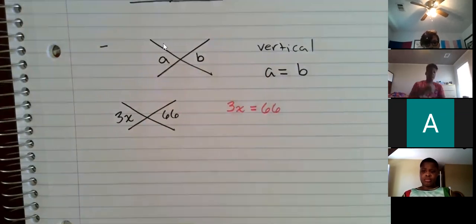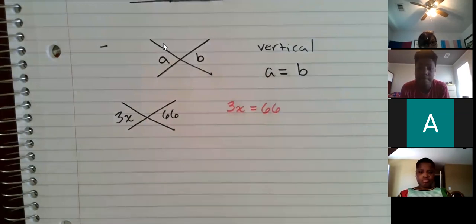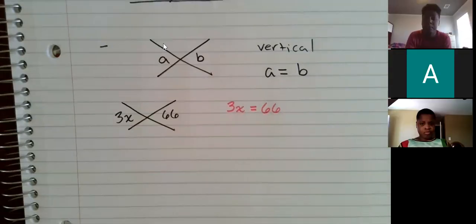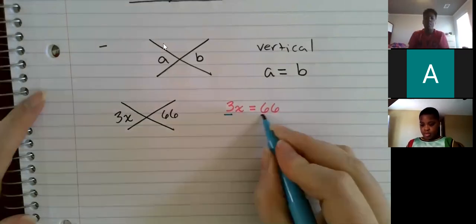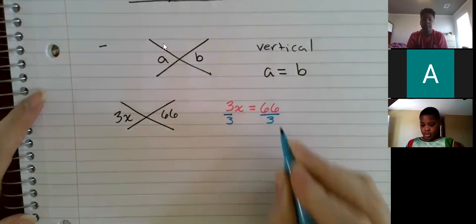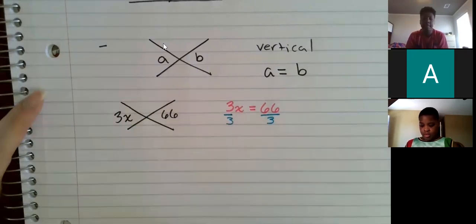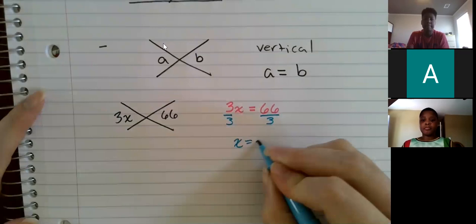What would x be in this case? We would just divide. So 66 divided by 3. That's going to give you 22.